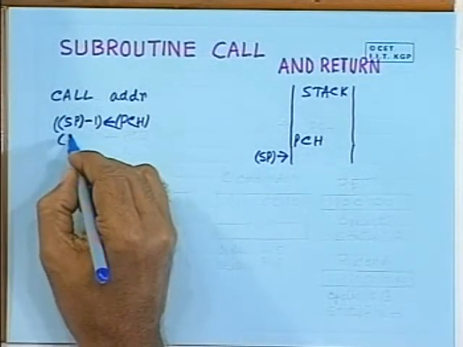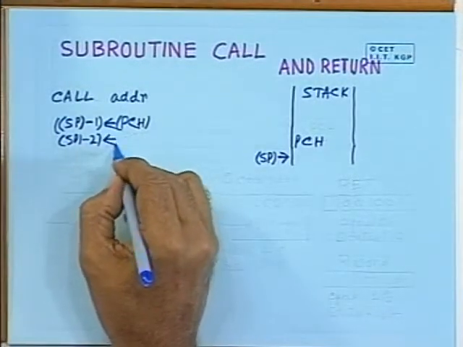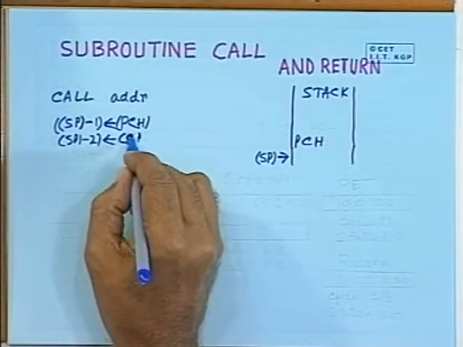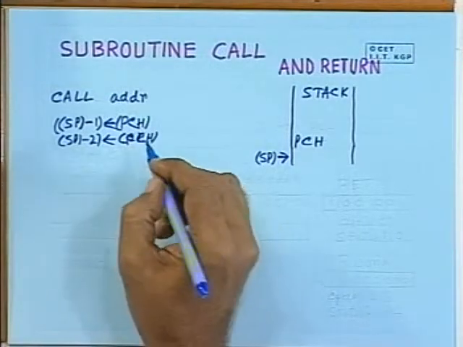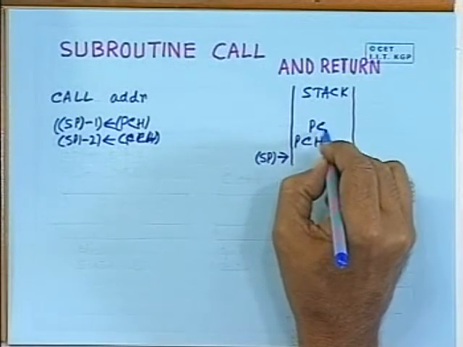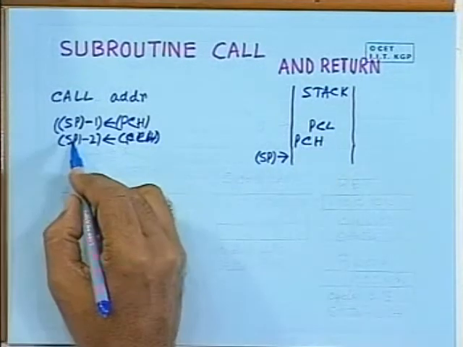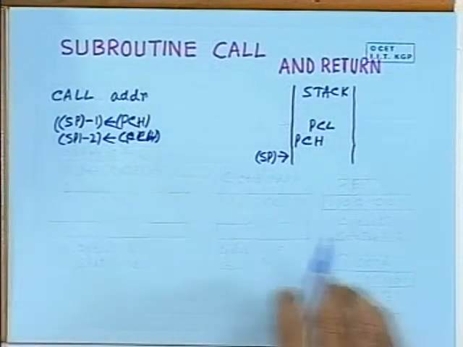Similarly, PC low, the lower order byte, PCL, is loaded in the next lower location, that means SP-2.